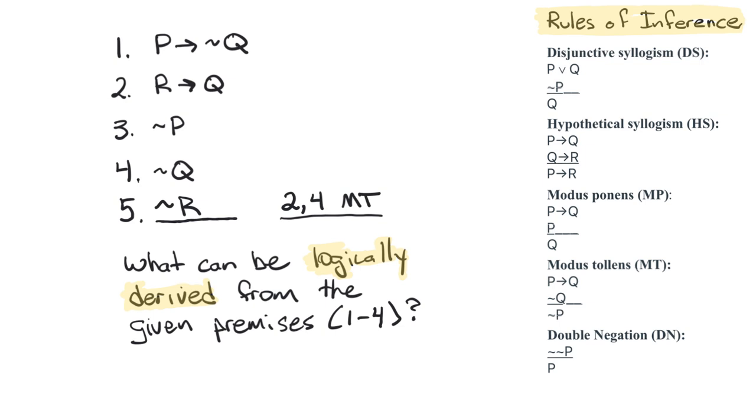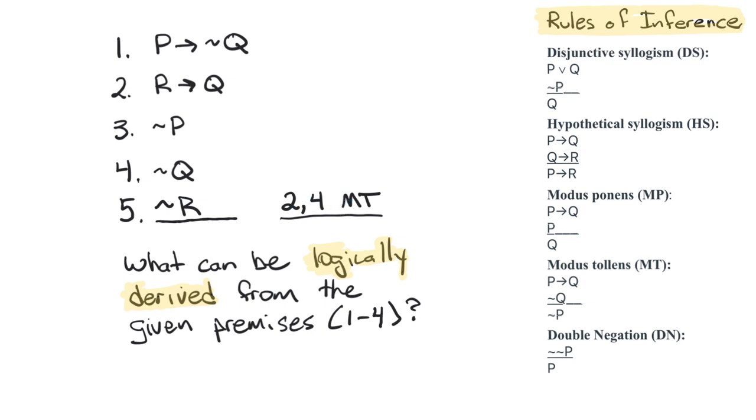That's how you'll start, but eventually you'll start to be able to recognize, like in this case, oh, I can see row 2 is a premise, row 4 negates that consequent, which you can derive the negated antecedent, and that's what you can logically derive.